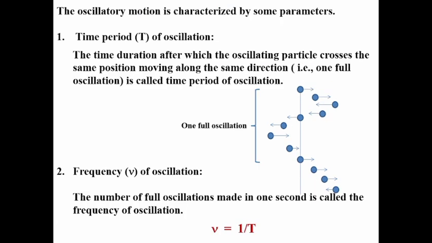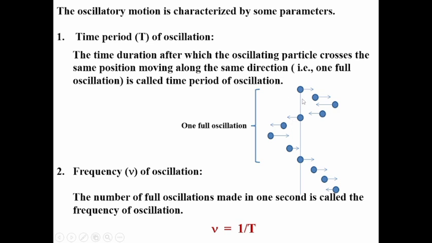Now, let's see how to characterize an oscillatory motion. We can characterize the oscillatory motion by some parameters. For example, one is the time period of oscillation. Now, what is the definition of that? The time duration after which the oscillating particle possesses the same position moving along the same direction.